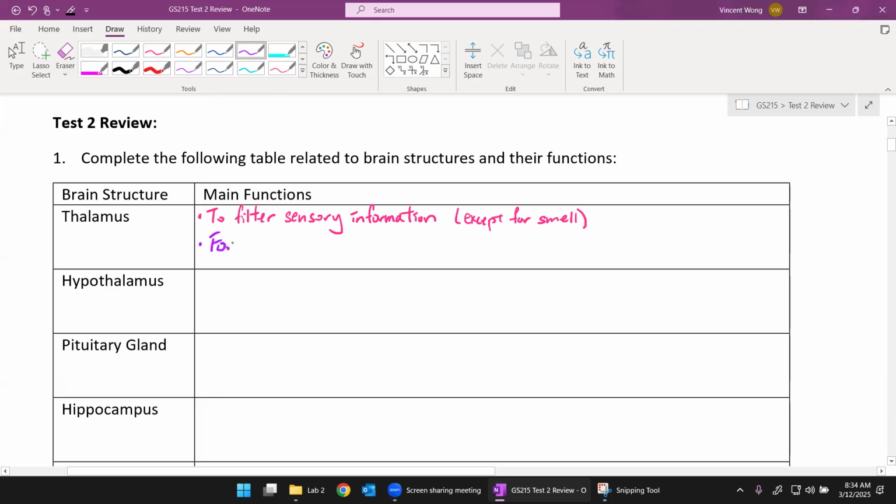It forms the sides of the third ventricle, and the thalamus is also a mass of gray matter.